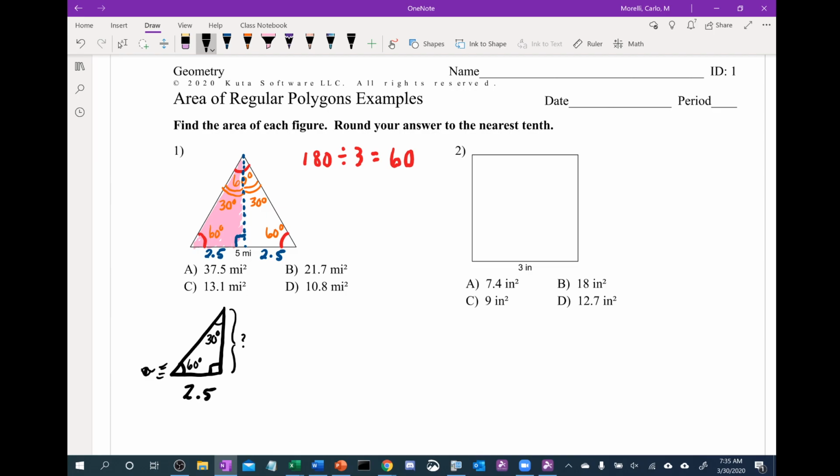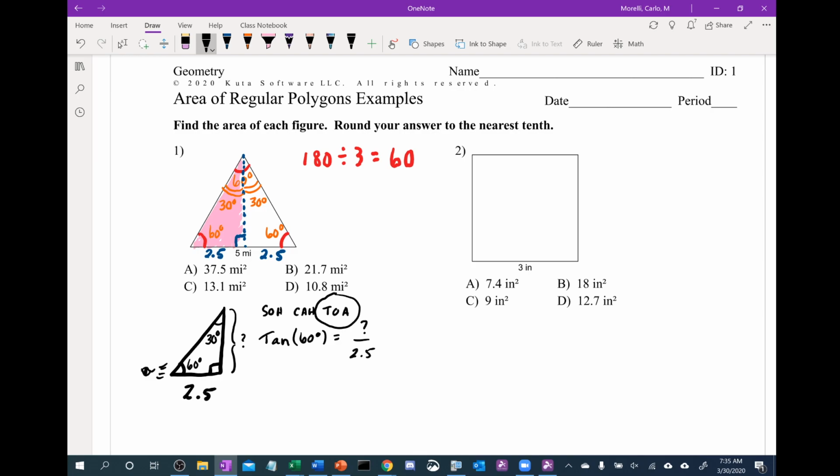So going over our little saying, SOH CAH TOA, I can use this one, tangent, to solve for this height right here. This is how that looks. Tangent, or tan, of 60 degrees is equal to something which we don't know, that's the opposite side, over the adjacent side, which is 2.5.